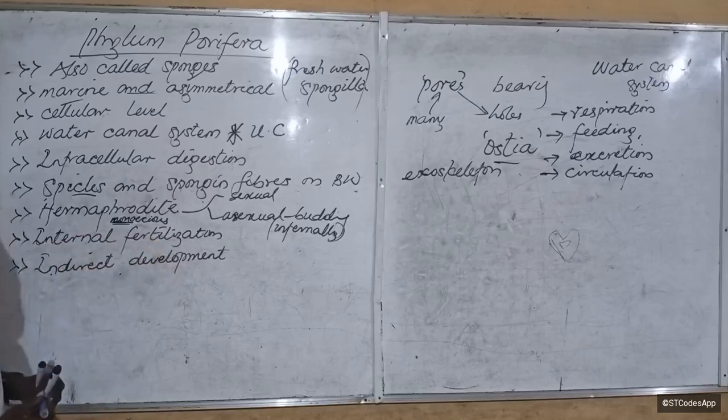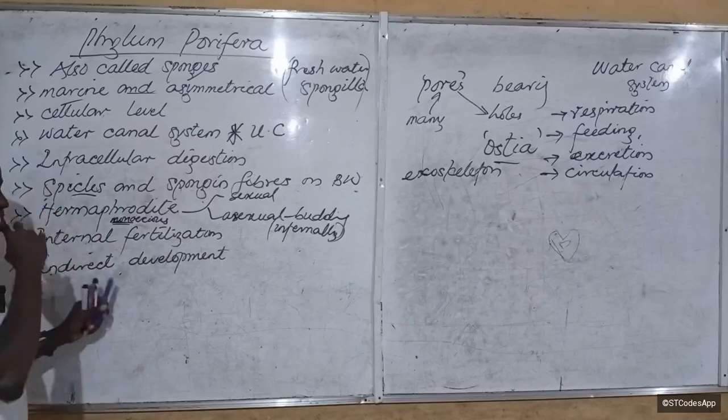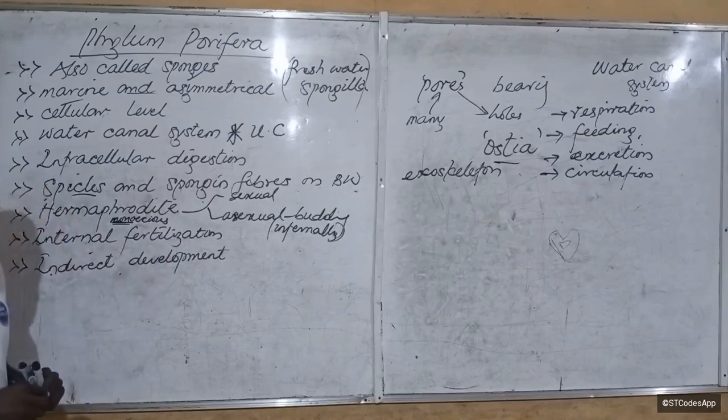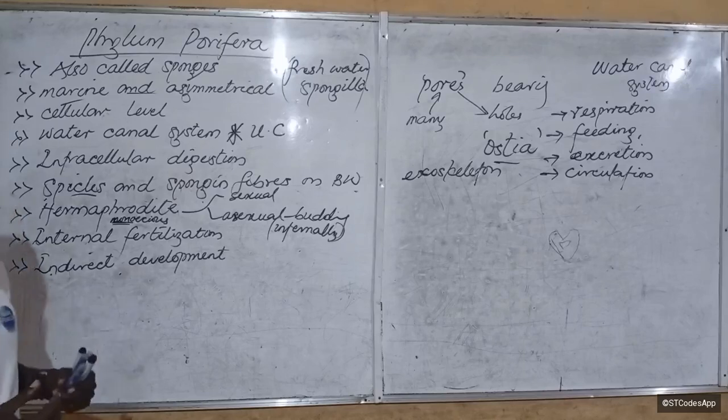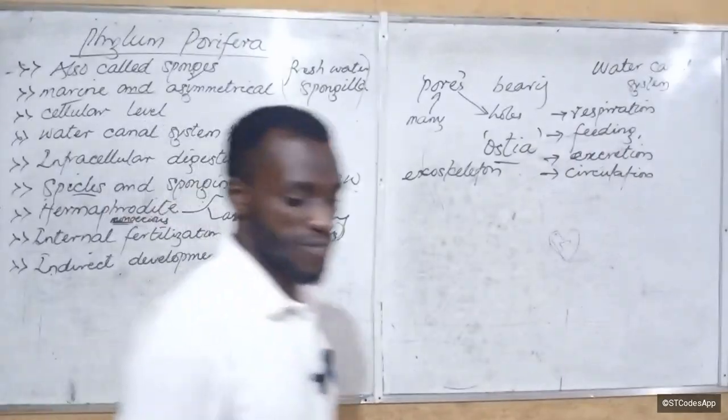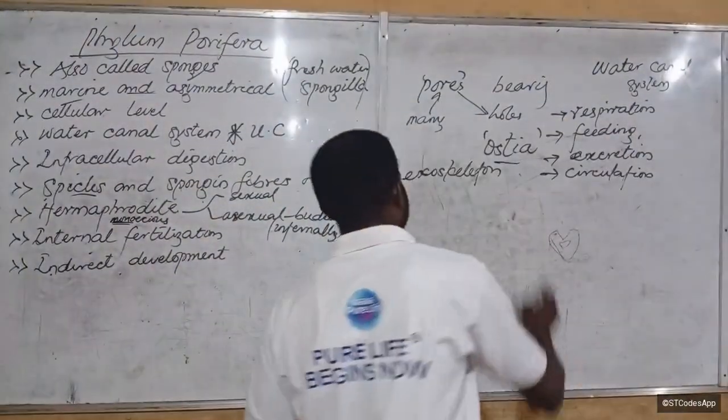And we have internal fertilization. Fertilization is internal, and development is indirect. That is, they undergo a larval stage, and the larval stage is very different from the adult.